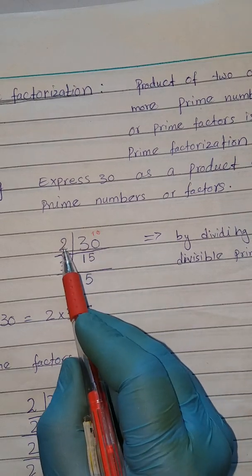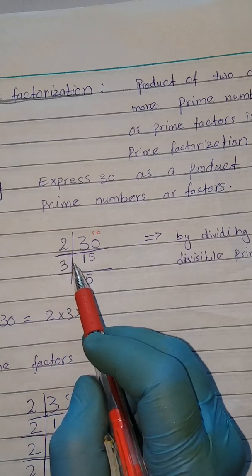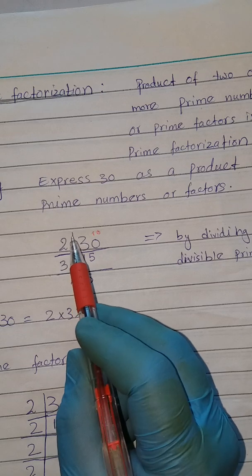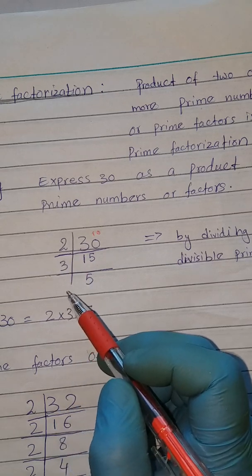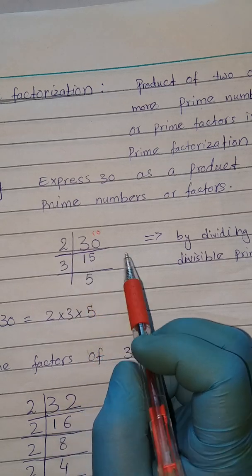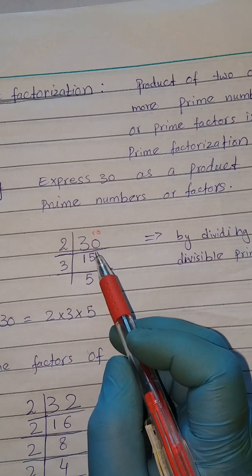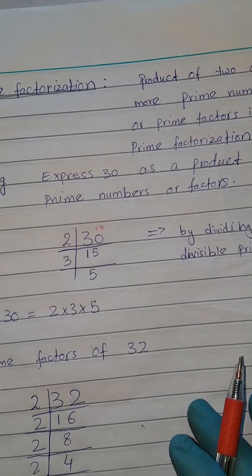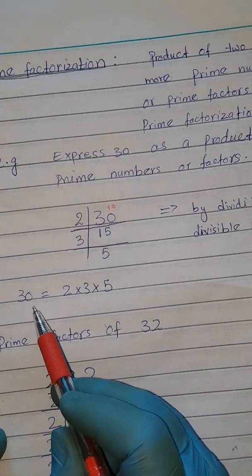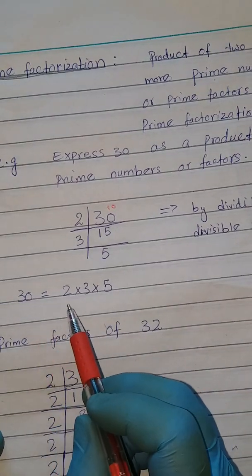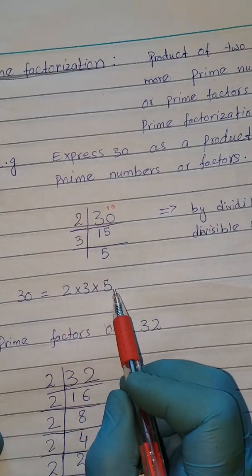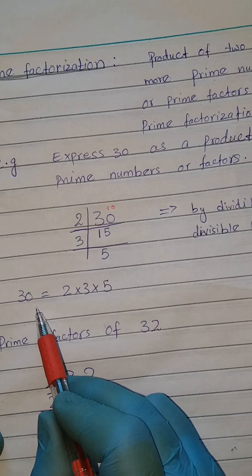So you have to take the smallest divisible prime number, okay? 2, 3, you can't take 4, 6, only 2, 3, 5, 7 which are prime numbers. This is the method to express composite numbers as products of prime numbers. So the prime factors of 30, कौन से factors हैं? 2 threes are 6, 6 fives are 30. If you multiply these prime numbers, we will get 30.